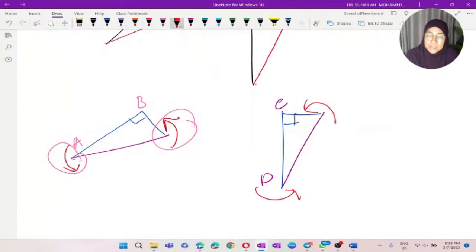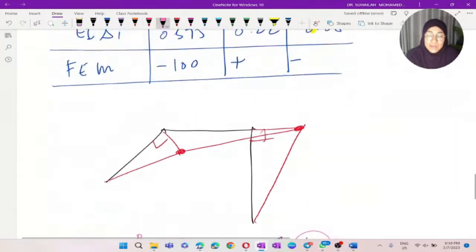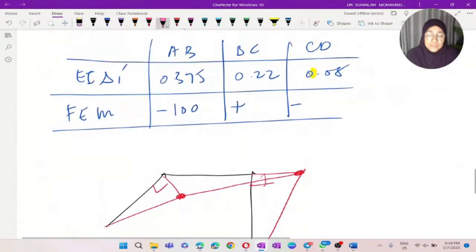So the moment here and here acts counterclockwise. AB, the fixed end moment acting counterclockwise. CD, the fixed end moment acting counterclockwise. So that is why for AB and CD, we find in the table that both are negative because of the counterclockwise direction for the FEM.